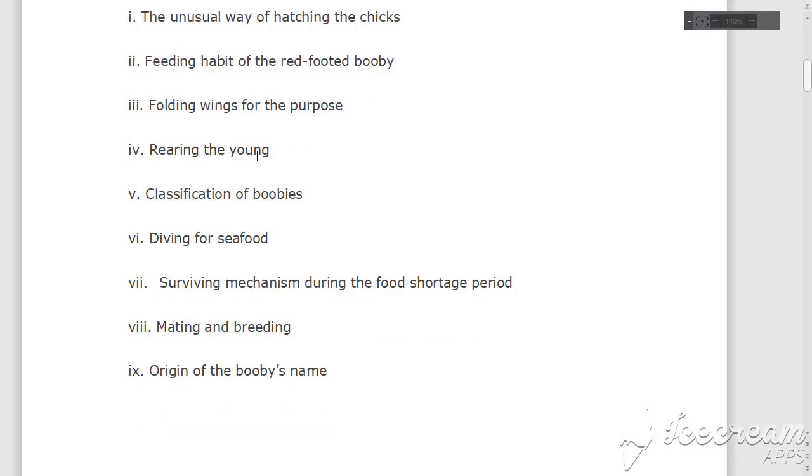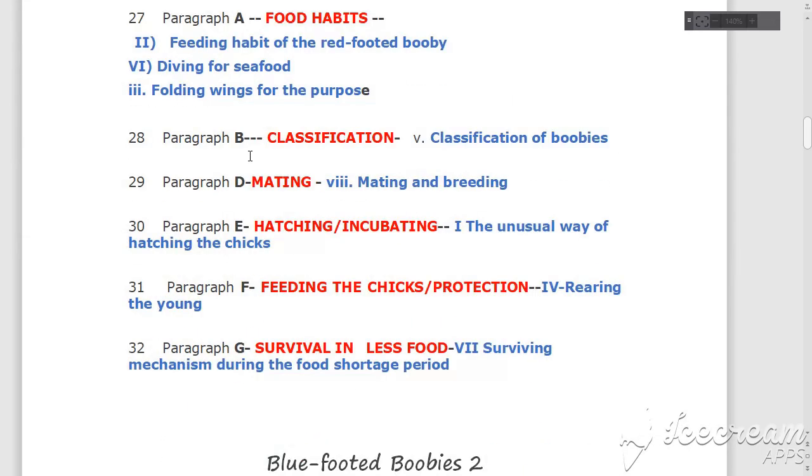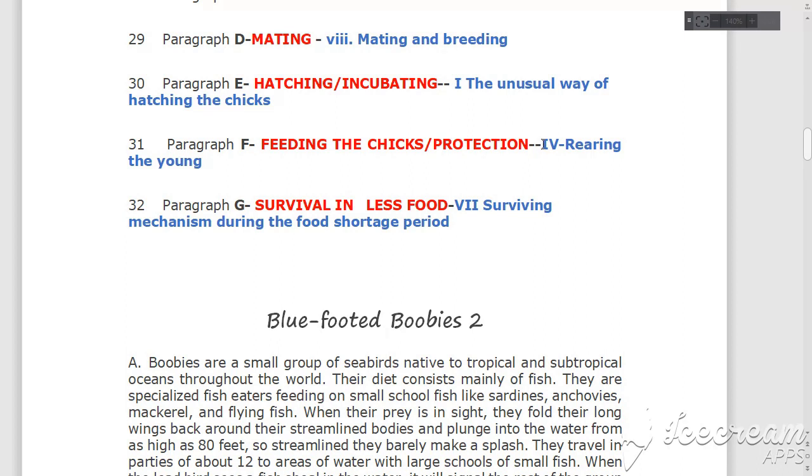So let's move to this option, rearing the young. Rearing means feeding and providing protection and helping chicks to grow. So this can be our option. Yes, this is the only logical answer for our paragraph. So for this paragraph, the rearing the young.